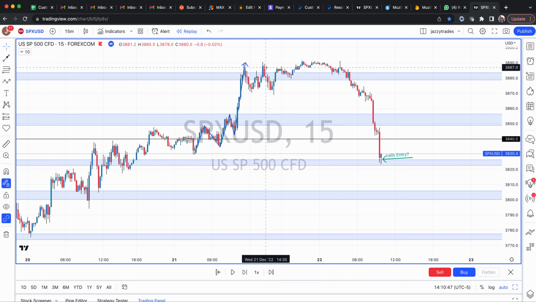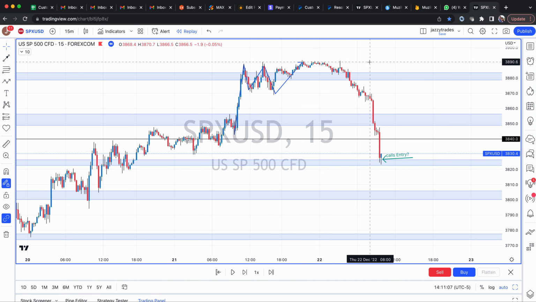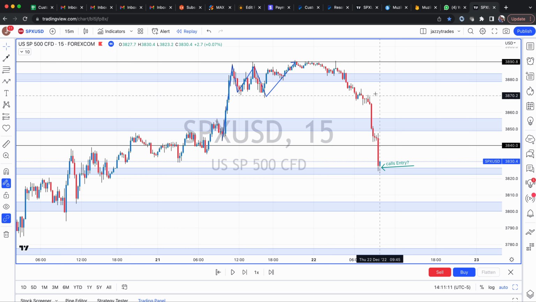But what happened after that though, right? Did we make any more new highs? It looks like we did. So if I was to continue, let's start from here this time. Higher low, higher high, higher low. Is this a higher high? It kind of is. Is this a higher low? Yes. Is this a higher high? Yes. And then after that, this was the top of this wave. And then after that, what happened?